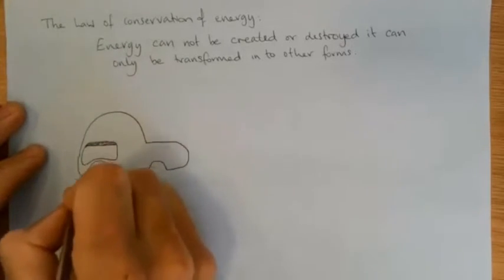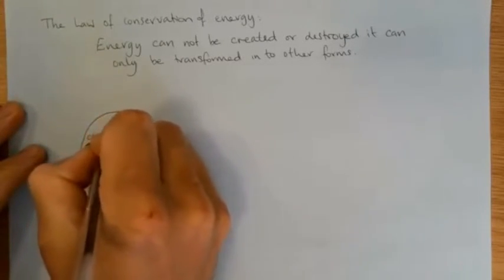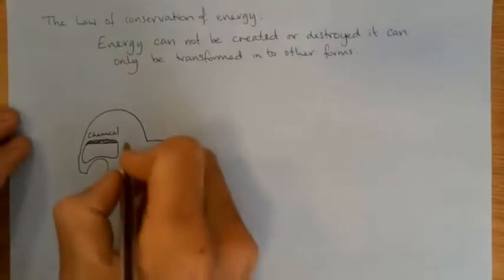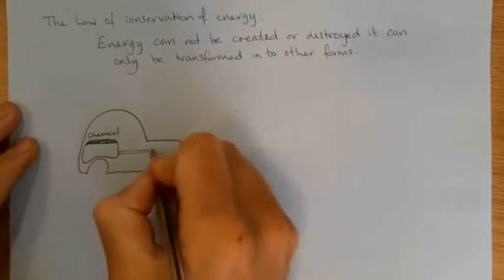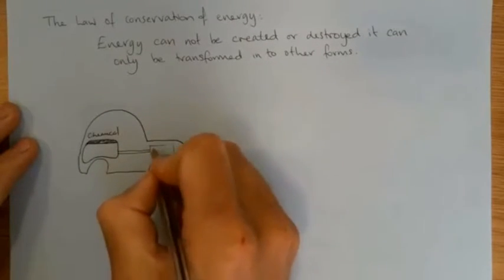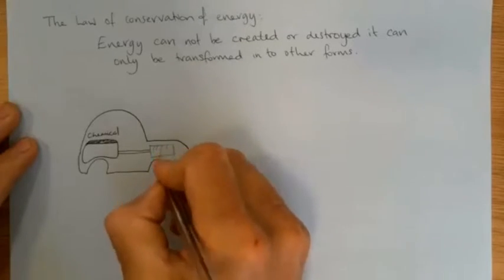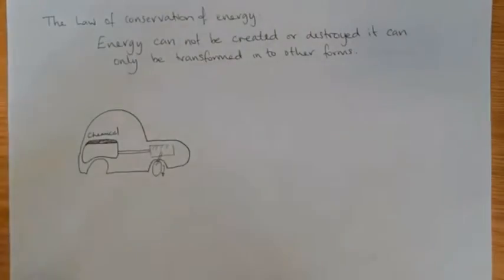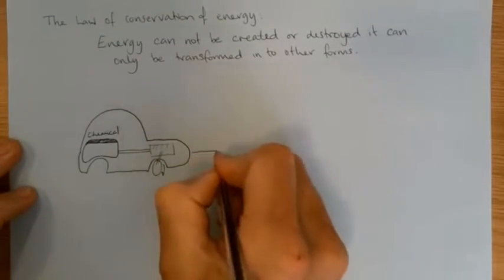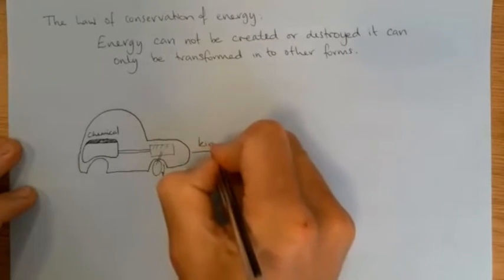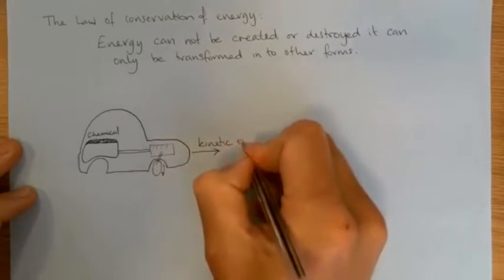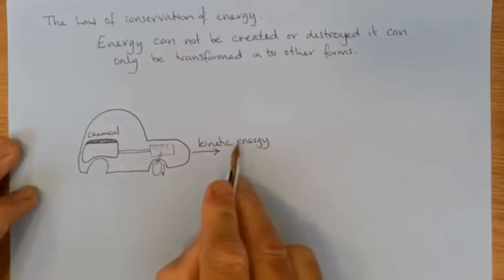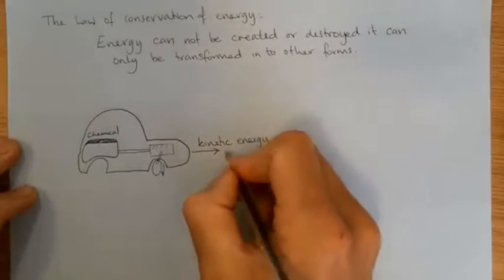There is chemical energy stored in the fuel, and the engine converts that chemical energy into kinetic energy, which is the energy involved in moving. That's what kinetic energy is.